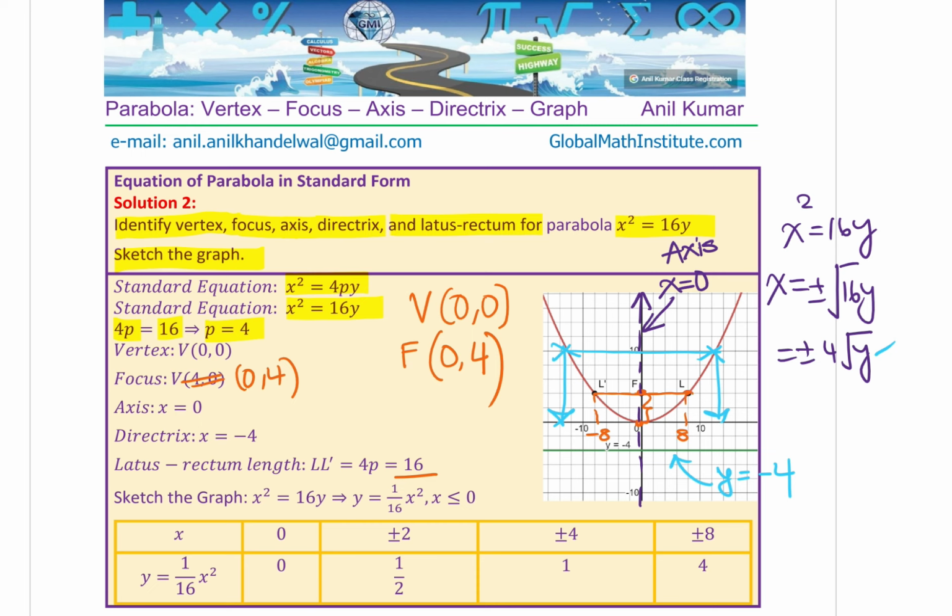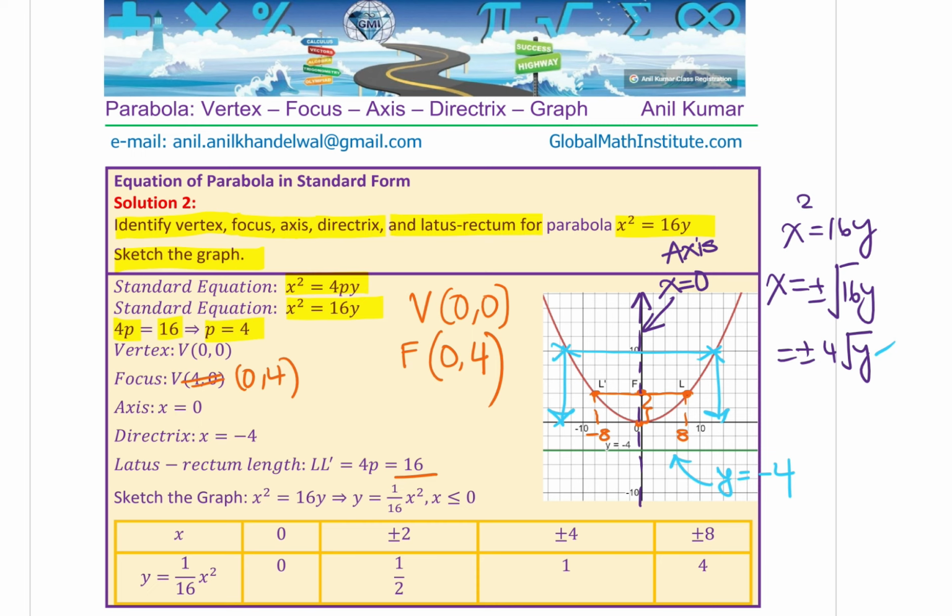So that becomes a very critical point on the graph of the parabola, which helps us to sketch it. So we have the vertex and we have the latus rectum, but to accurately sketch the parabola, it is better to always write down some values for x and work out the values of y.